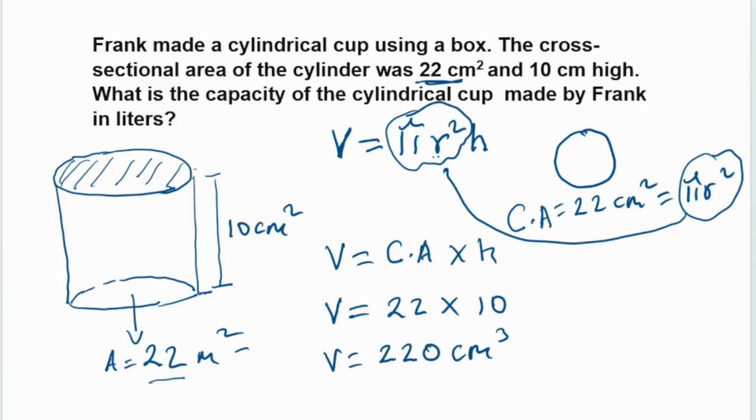Now remember, if we go back to our question, we are asked for the capacity of the cylindrical cup made by Frank in liters. So we are finding the capacity of this cup in liters, and for that you first have to find the volume, which is the volume of this cylindrical cup.